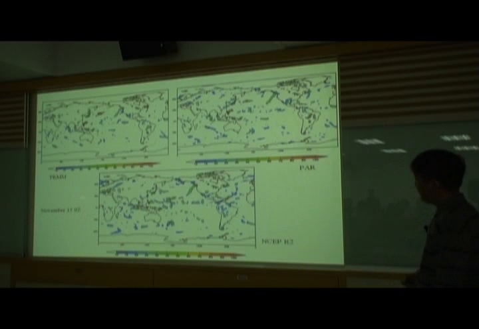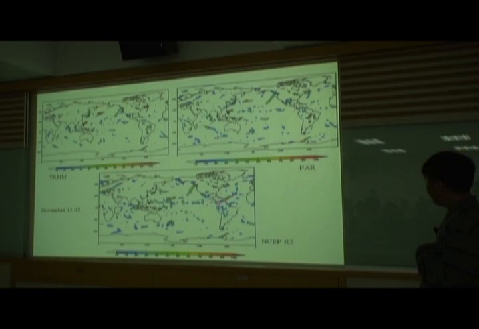This is a temporal snapshot of November 15. So this is TRMM, and this is our product, and this is the NCEP analysis too. As you can see, in the tropical area, NCEP R2 tends to overestimate compared to TRMM and our product.